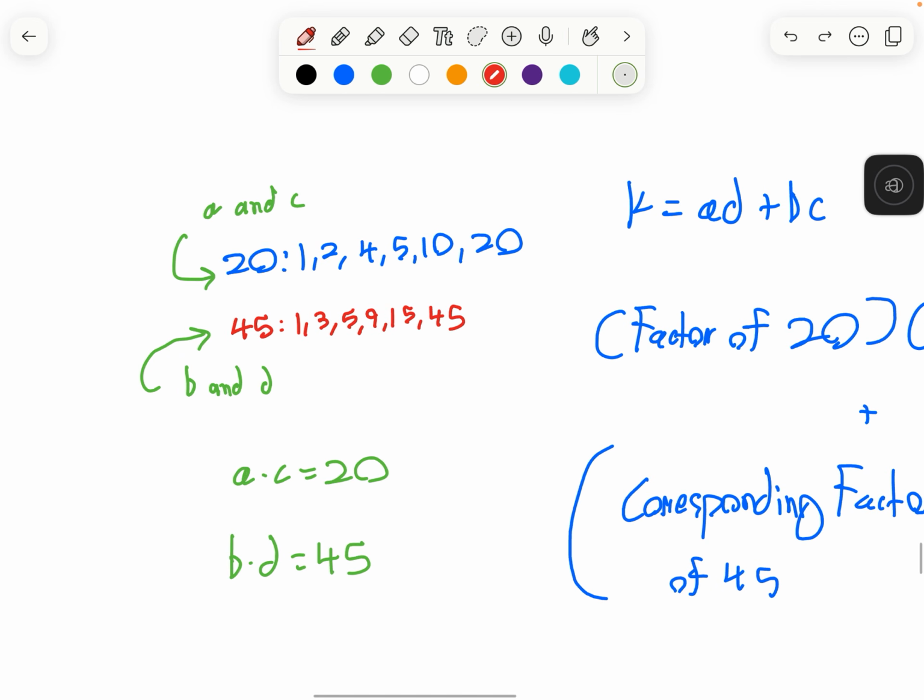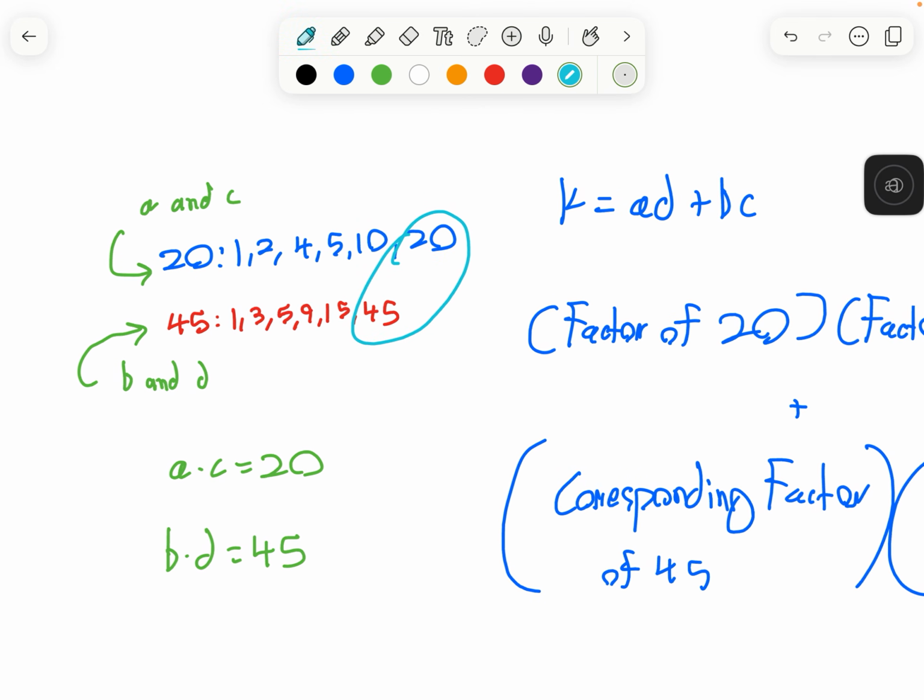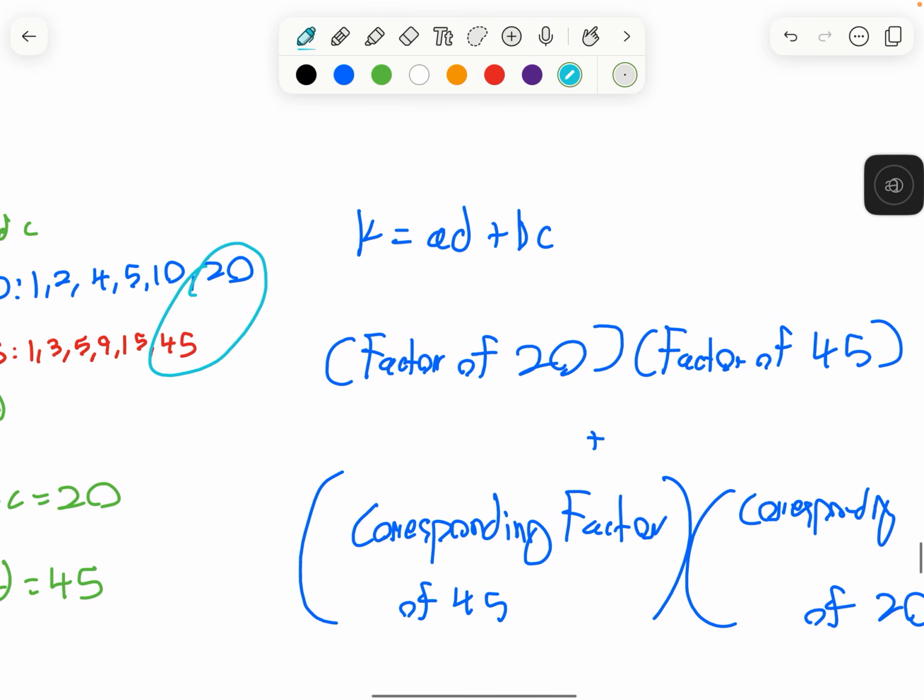Well, that's simply 20 times 45, because 20 times 45 is bigger than 10 times 45 or 5 times 45, or 4 times 45. Similarly, 20 times 45 is bigger than 20 times 15 or 20 times 9 or 20 times 5. So we know that 20 times 45 is going to give us the biggest product.